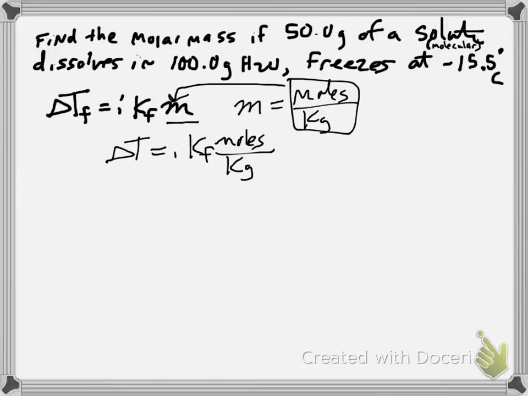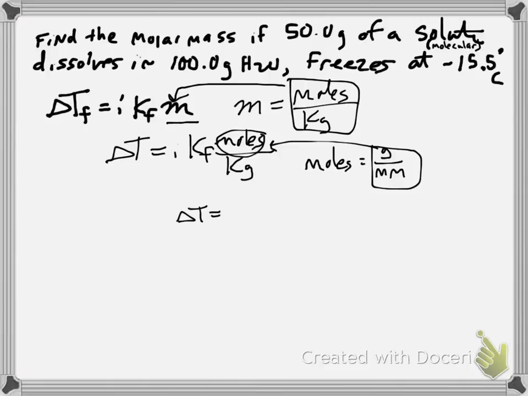Now this equation here still doesn't have molar mass in it, but we know that moles is equal to the grams divided by the molar mass. So we can do a second substitution, and that would give us delta T is equal to i Kf grams, all over the kilograms of the solvent and the molar mass.